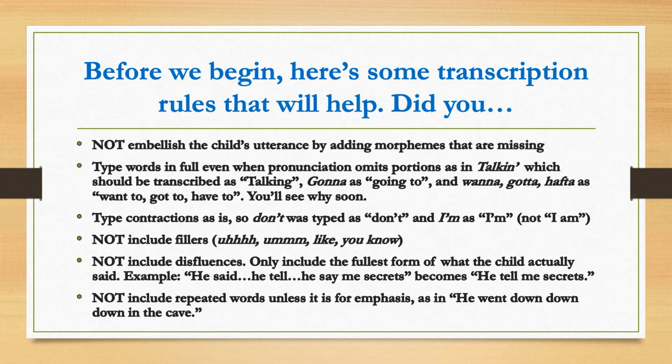That said, we do type pronunciations such as n for ng and gonna and wanna in full. This does not apply to contractions, which are left as contractions. Finally, no fillers, disfluencies, or repeated words unless these words are for emphasis. Yes, this takes a little getting used to, but you'll see why we do this once we begin analyzing.